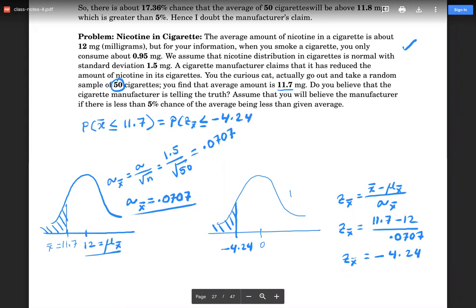All right. Now, if you look it up in the table, it actually goes only to negative 3.5. If you look it up, you'll see that the probability of z less than or equal to negative 3.5 is roughly about 0.0001.